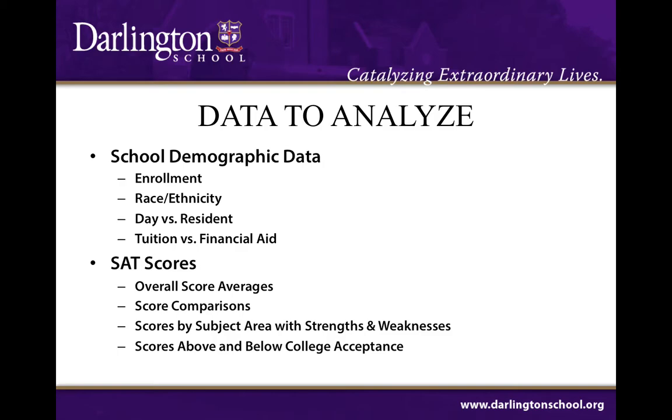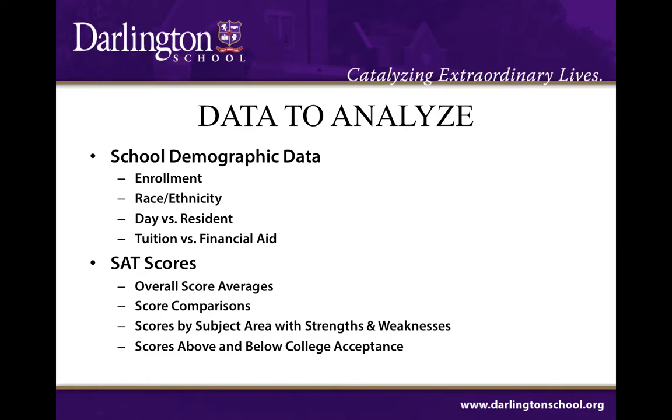Now, the data that we're going to analyze today is school demographic data such as our total enrollment, race and ethnicity. Since we are a boarding school, we're going to talk about day versus resident, and then tuition, full tuition versus financial aid. Then we're going to dive into the SAT scores.